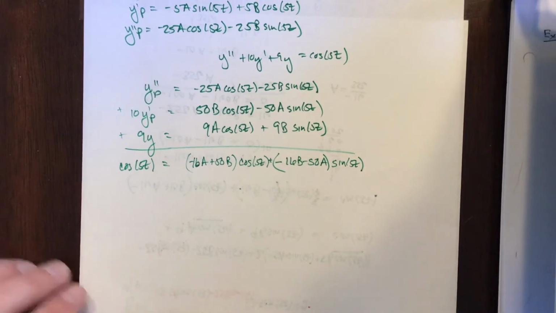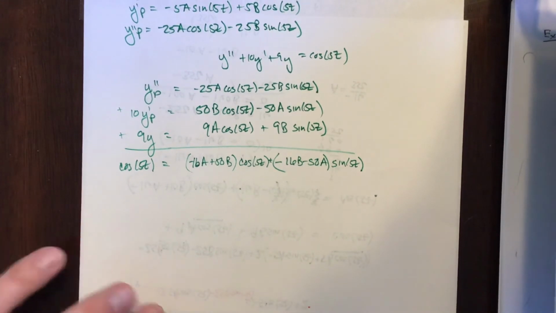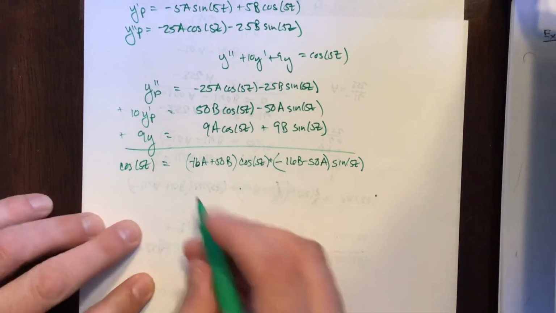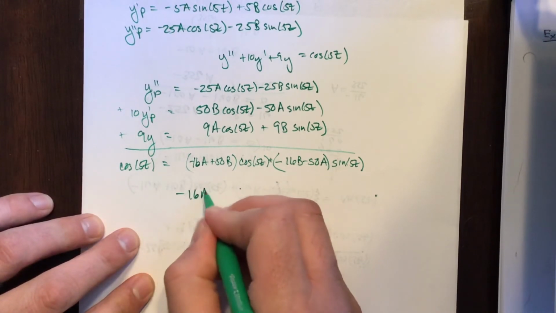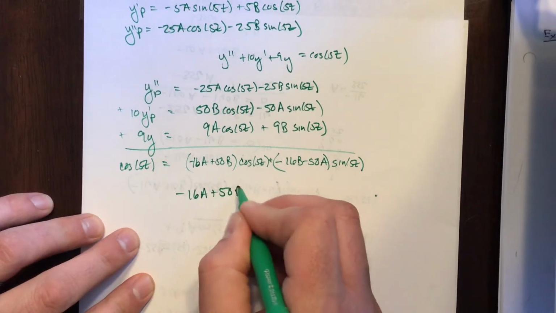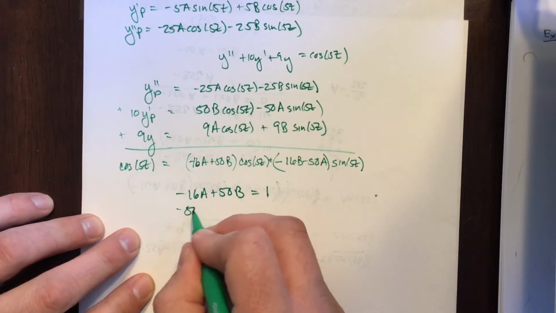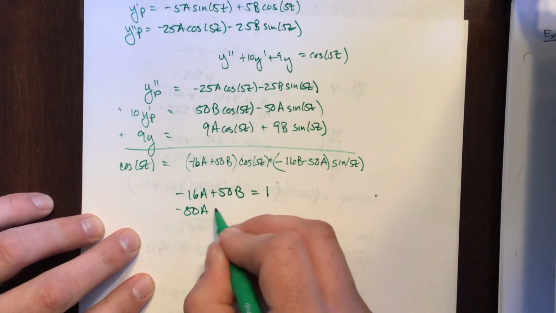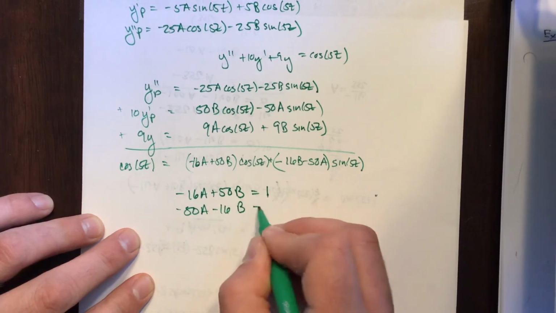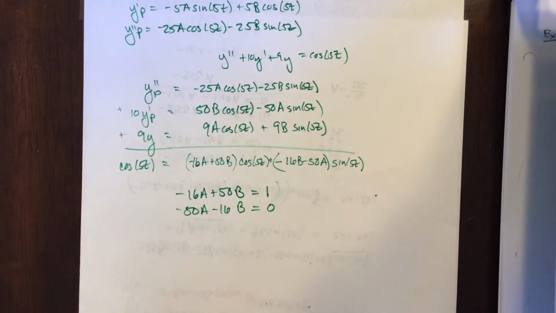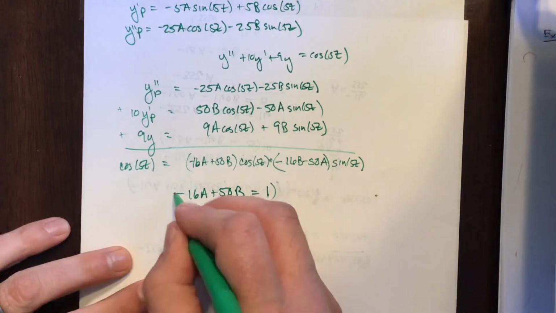All right, that looks a little bit cleaner and easier to follow. So we can see here that negative 16a plus 50b is to equal 1, and negative 50a minus 16b is to equal 0. And then solve the system.